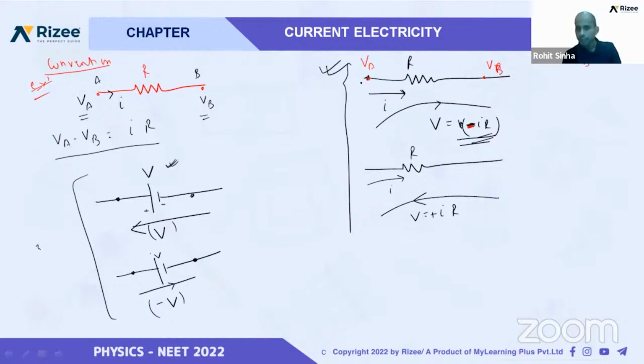So when we are moving in this direction, we are moving from high potential to low potential, and we take a minus sign, just as we take minus V. When we move from low potential to high potential, we take a positive sign. So to have no confusion, we are using this convention.